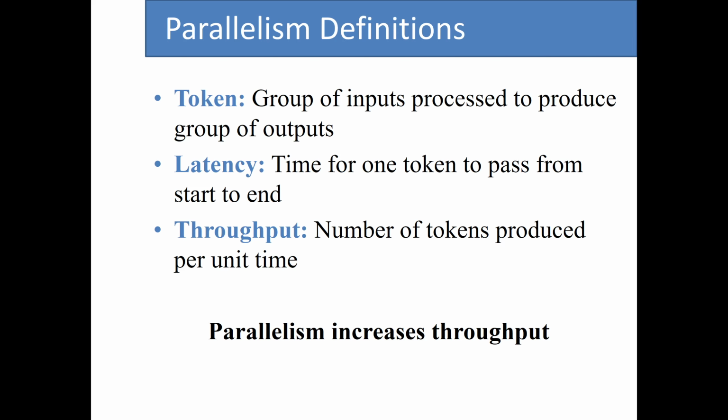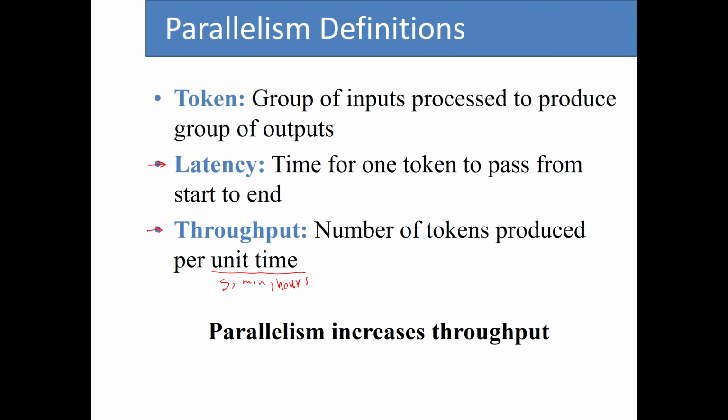We have latency, which is the time that it takes for one token to pass from start to end. And then finally we have throughput, which is the number of tokens that are produced per unit of time. This unit of time can be a second, a minute, or hours, depending on the context.